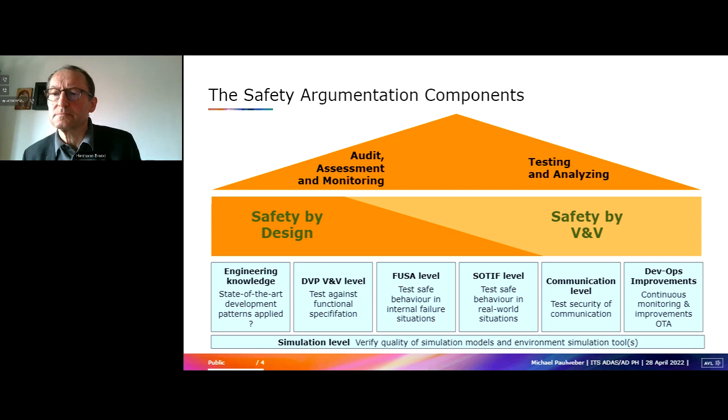The other version, well explained by the previous speakers, is that that's not enough. If you just consider internal failures, you have also to consider what can be happening on the outside.